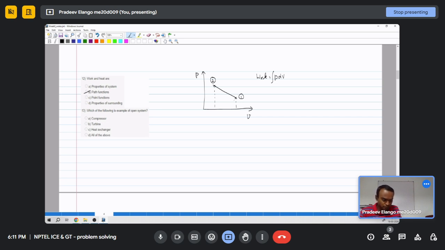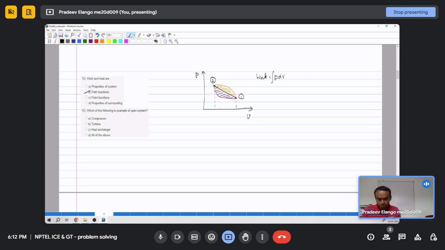Now the path from 1 to 2 can also go like this, and now you have this additional area, or you could have gone like this, then you have lost this area in calculating the total work.